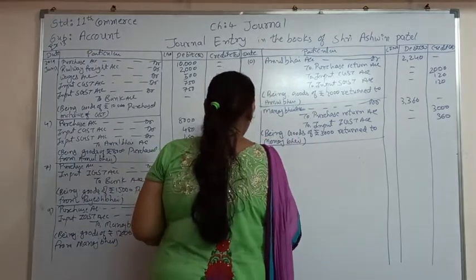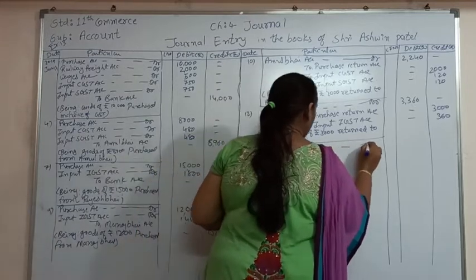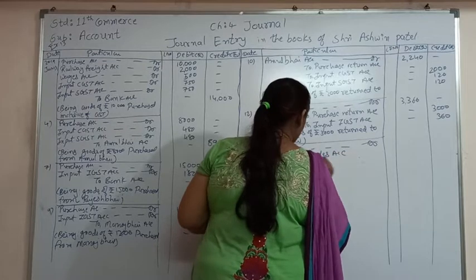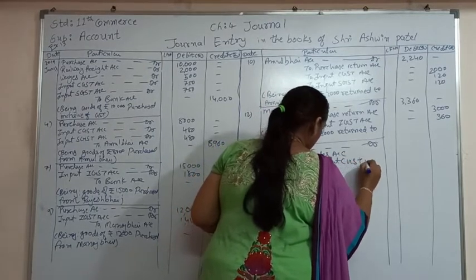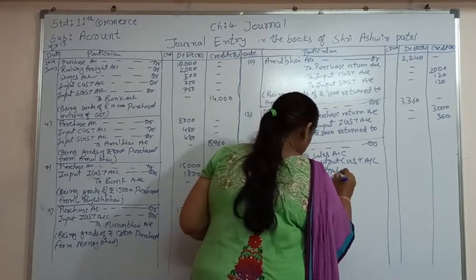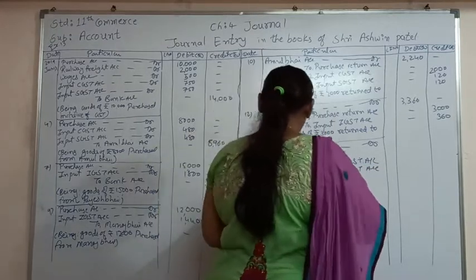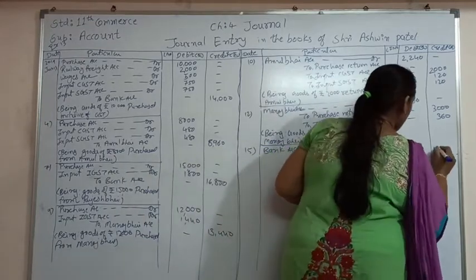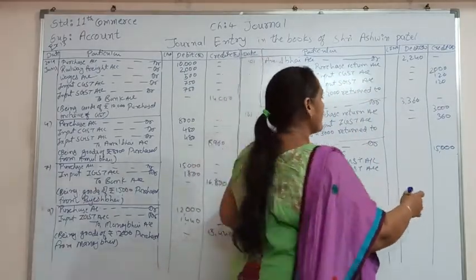So that is the 15. Bank account debit to sales account, to output CGST account, to output SGST account. Here we have sold the goods of rupees 15,000. So here 15,000 and 6% of 15,000 will be 900.